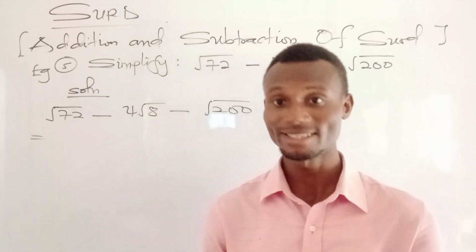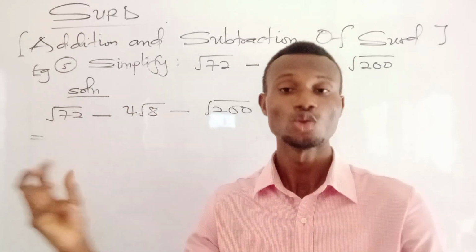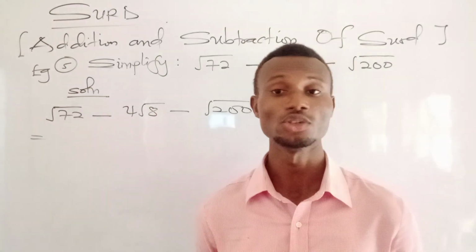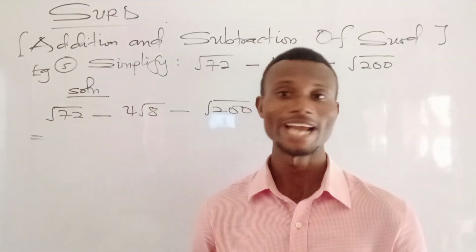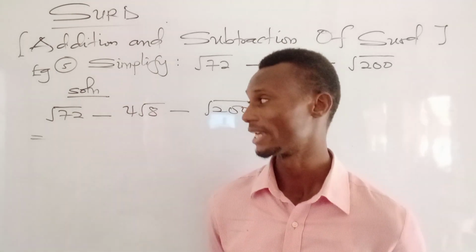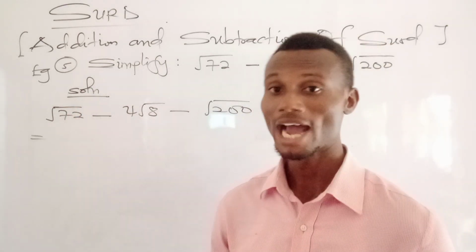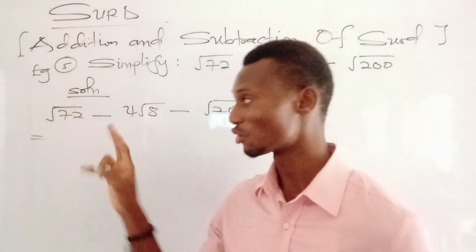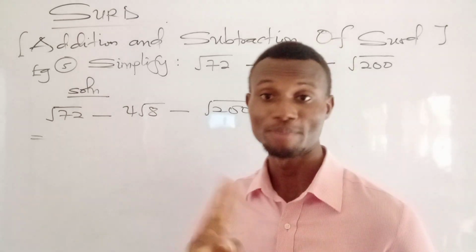Just that there's the square root of 8 that you get in it, you have to reduce it again. So I will choose to use the 36 times 2 or the 9 times 8. Any of it, you get the same answer. So the square root of 72, to simplify it, I'm going to use two numbers that can multiply to give the 72, but one of the two numbers needs to be a perfect square.